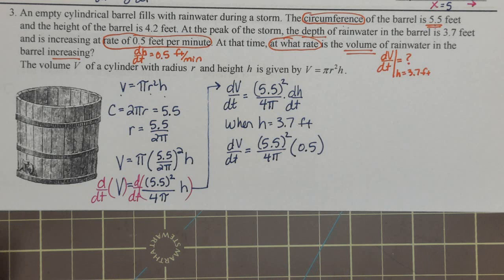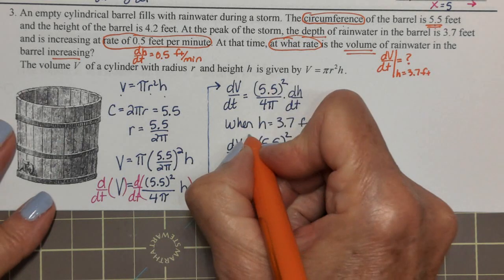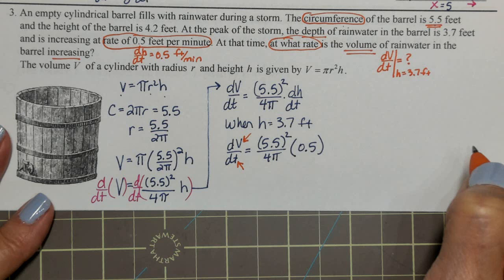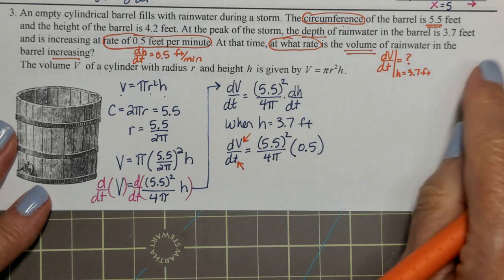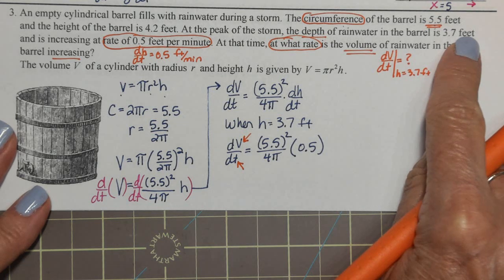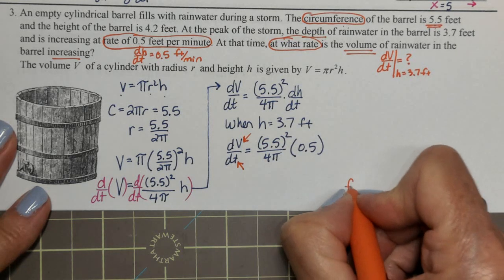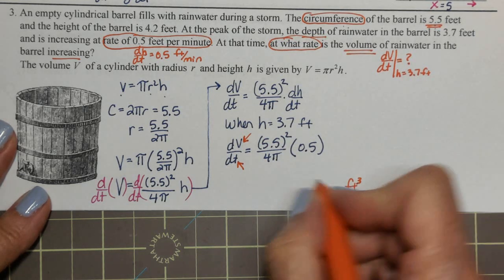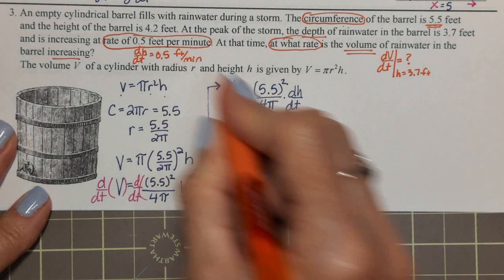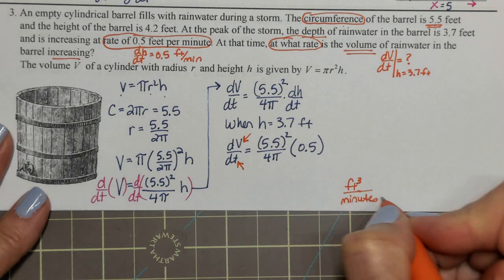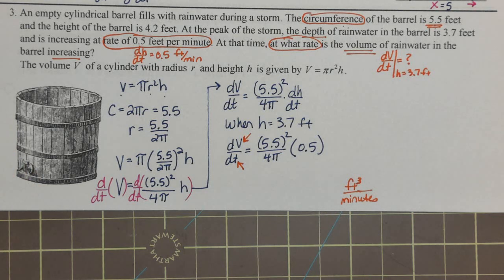However, what if they had asked for units? I would need units of V over units of t. What would units of V be? The height is in feet, so volume would be feet cubed. Time is in minutes. Feet cubed per minute. Okay?